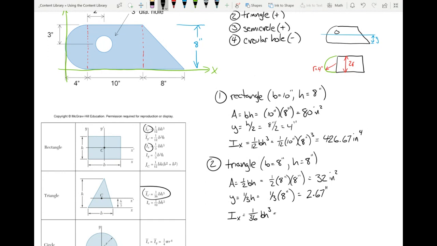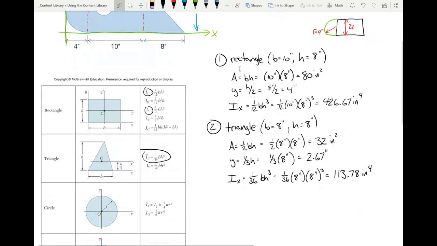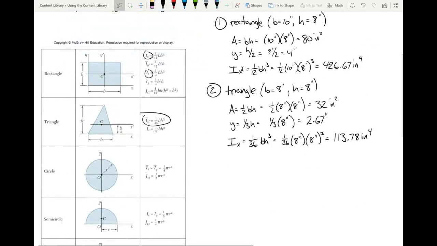So 1 over 36 times 8 times 8 cubed. Somebody help me out in the chat. What's that going to be? 113.78. Exactly right. Okay.